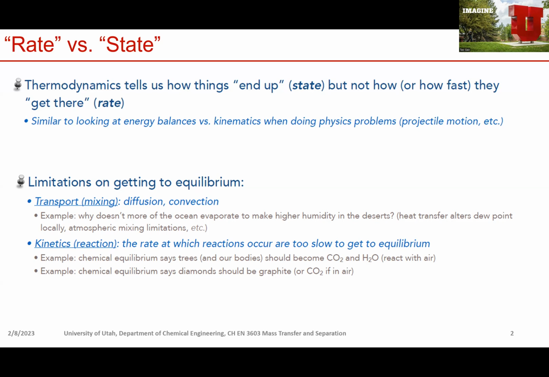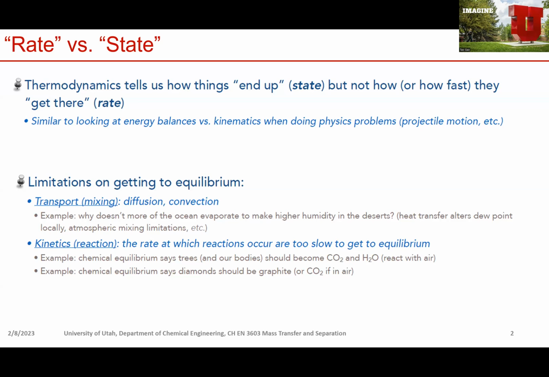And kinetics is how fast reaction happens, the rate at which reaction occurs between two equilibrium states, right? So in reality, there are a lot of cases where thermodynamic equilibrium predicts one thing, but in the real example, it never happens, right?